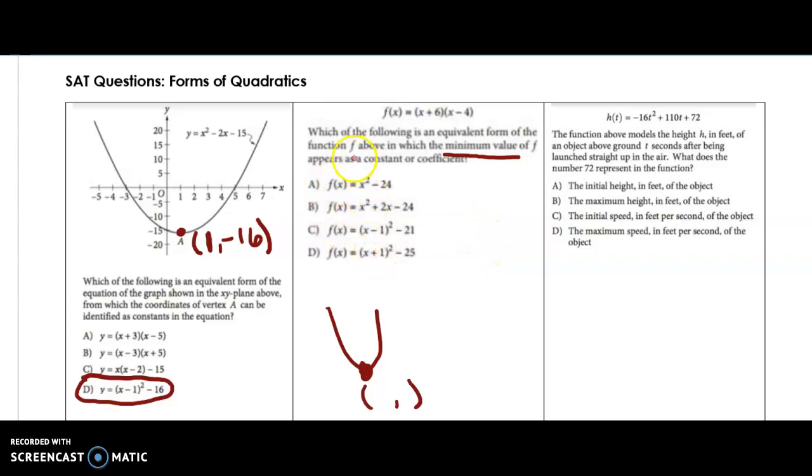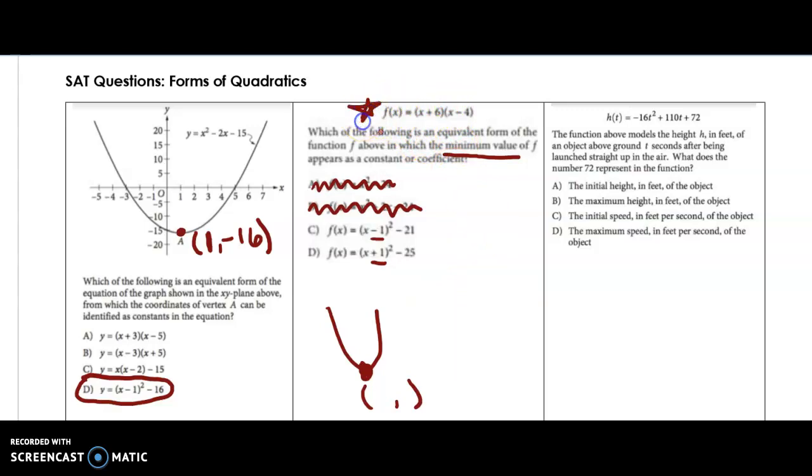And so when I'm looking at these answer options, I can already get rid of A. I can already get rid of B without necessarily having to do any math so far. And now we're down to C and D. And so for me, I am going to focus on the x value, and I need to figure out what the x value of my vertex is.